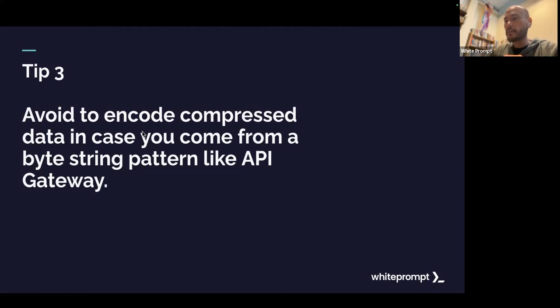Then we were discovering two things. We were working with records of 1 megabyte, so we wanted to improve the performance of sending the data through Kinesis. So we were working with compressed data. And what we achieved here is to send 10 times more data with the same size.